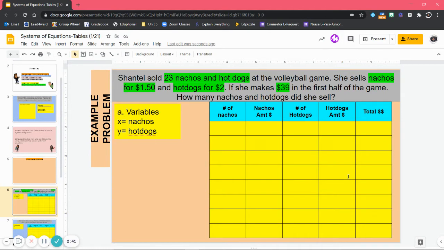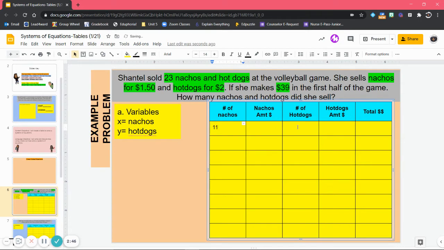So I'm going to go with 11 nachos and 12 hot dogs, so that together, 11 plus 12 is 23. So that is the 23. But I need to see if that amount is equal to $39.